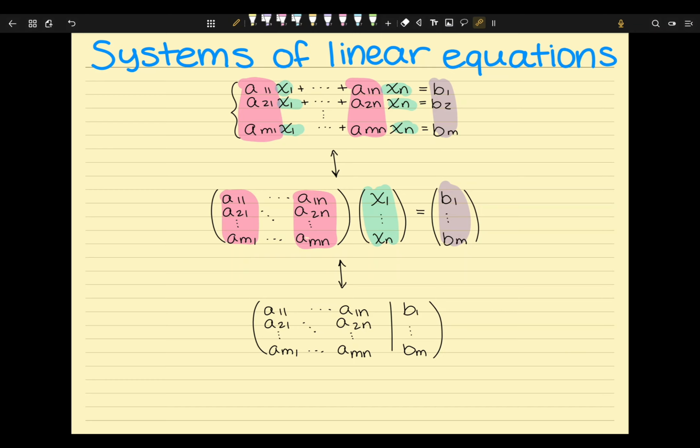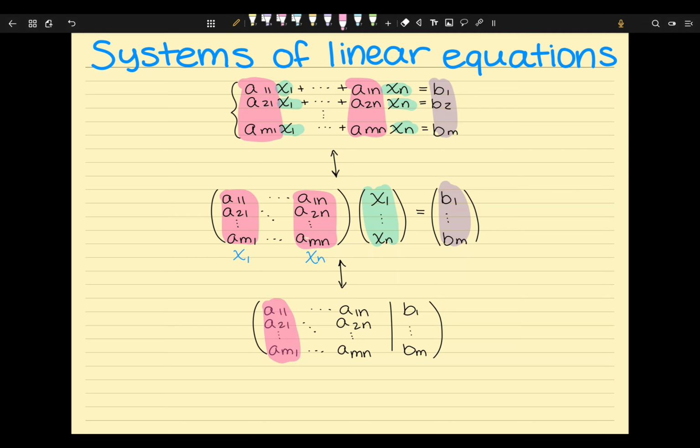All right, and then you look at it for a while again, and you realize that x1 always multiplies the first column, x2 multiplies the second column, and xn always multiplies the nth column. So this is kind of unnecessary data. We don't need to keep it around anymore, because obviously x1 is associated with the first column all the way down to xn with the last column, so we just get rid of that information too. What we're left with is called an augmented matrix.